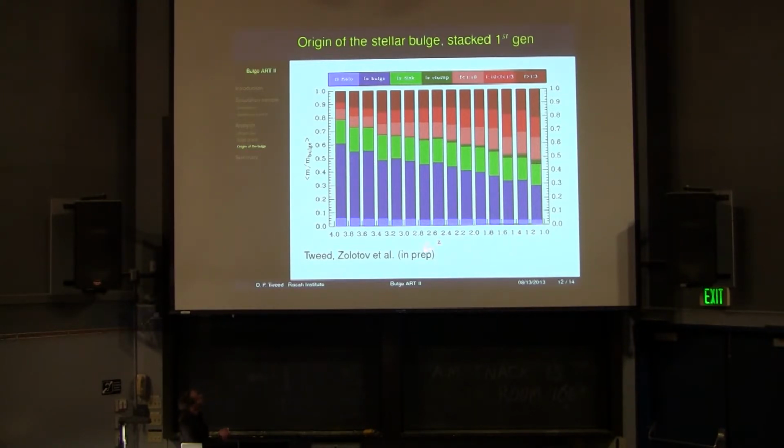The interesting part is really that the bulge is indeed formed in situ. In situ is all which is blue and green. Green is actually what is due to disk migration. So green is stars born in the disk which fell into the bulge, so that's actually VDI-driven migration.